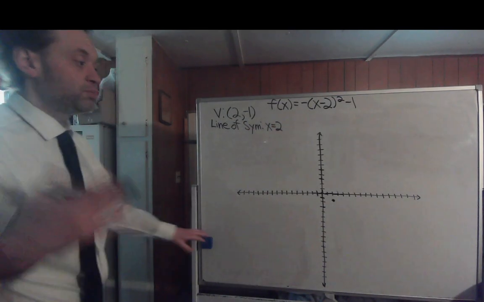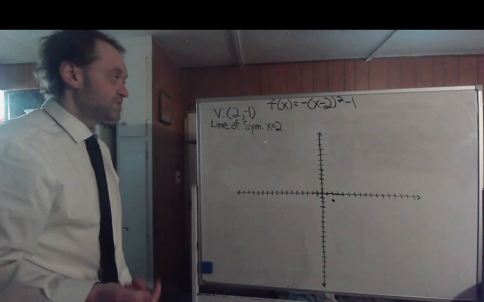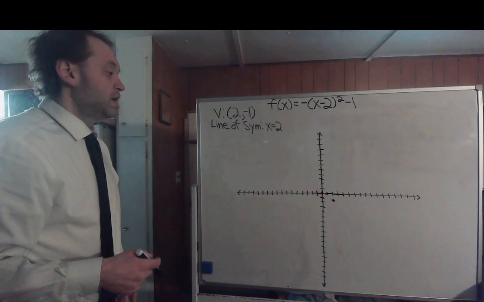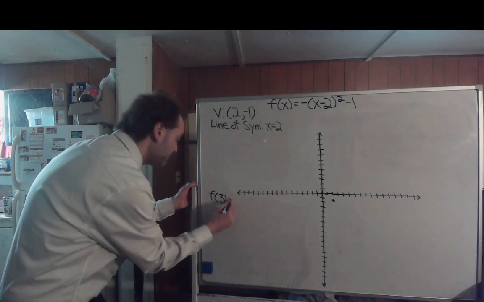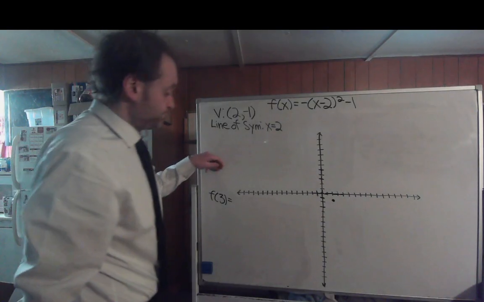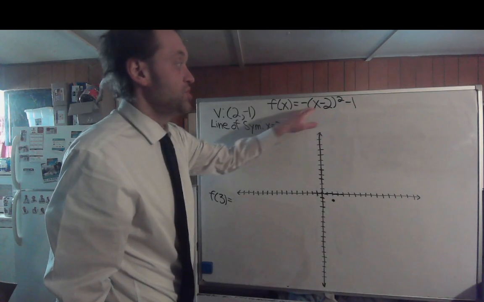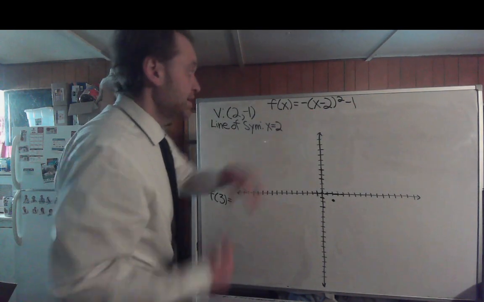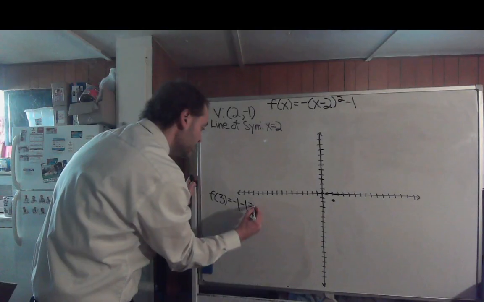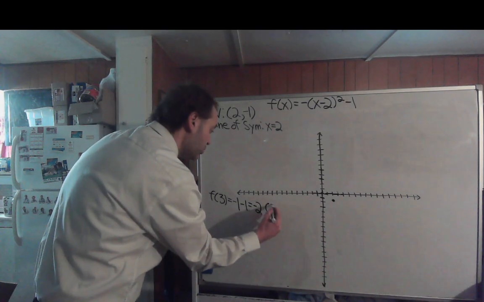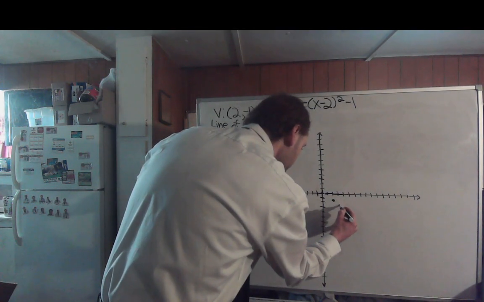So now, in order to plot this, let's take 2 points on either side of the line of symmetry. So let's take f of 3, all right? F of 3. So 3 minus 2 is 1. 1 to the second power is 1, but you have to negate that. So you would get negative 1 minus that 1 would end up giving you negative 2. So you'll get the point (3, -2), which is going to put you right about there.